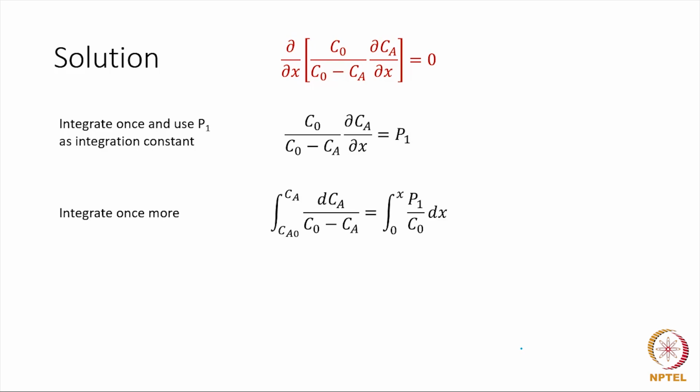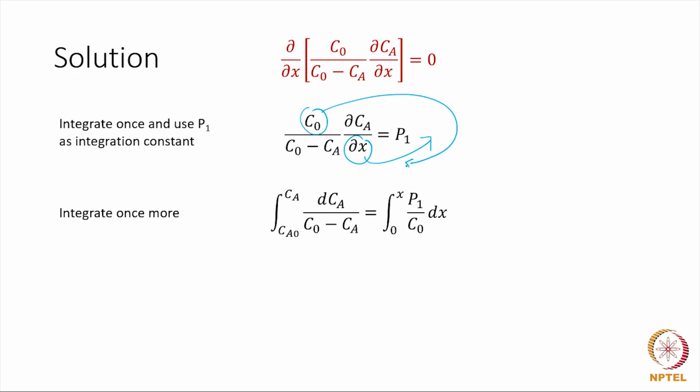For that, what we do is take these terms to the other side and then integrate them going from 0 to x for the x variable, and appropriately Ca naught to Ca for the Ca variable.